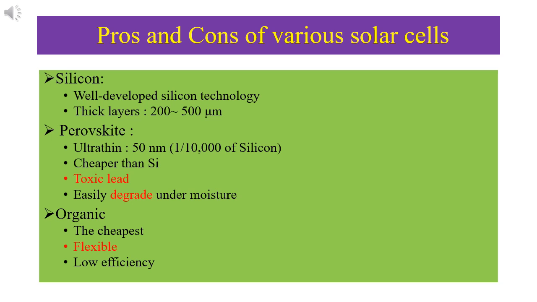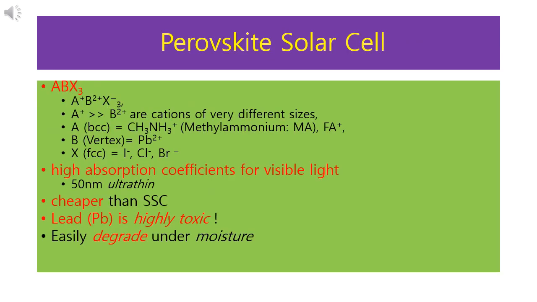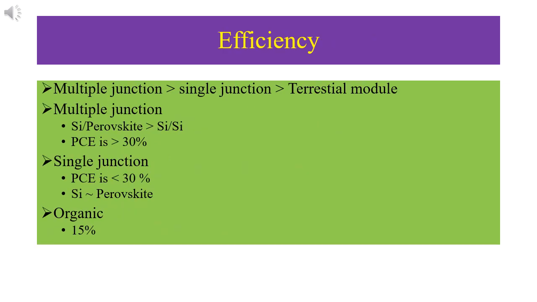The organic solar cell, OSC, is advantageous in that it is flexible, but has low efficiency. This slide is only for those who want to know more about the PSC, and I will not go into detail. As far as the photoconversion efficiency, PCE, is concerned, multiple junction is better than single junction.